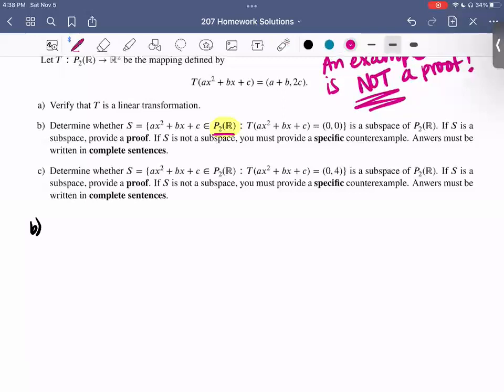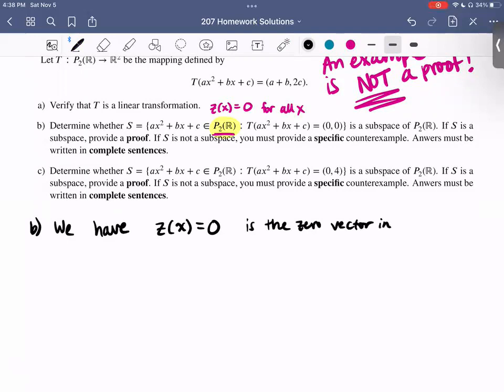The 0 vector in that set is the function that's all zeros for all values of x. So we have that z of x equals 0. z of x equals 0 is the 0 vector in P2 of R.